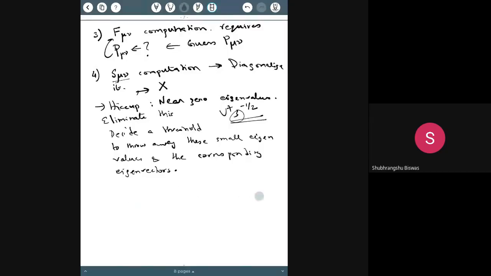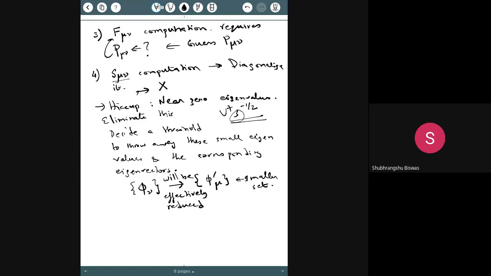So you throw away the small eigenvalue. So what happens is that your set phi nu will effectively be reduced to some phi prime mu, which is a smaller set.